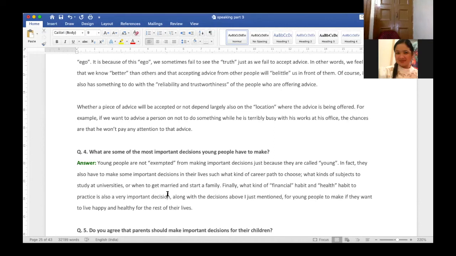Aside from that, when youngsters plan for their decisions, it should be with the guidance of their parents, so that they will be successful in their lives.